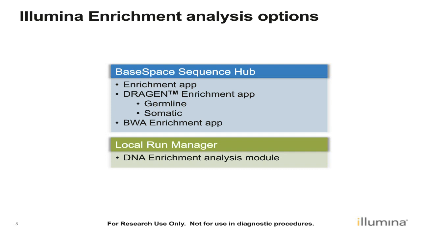And we'll go through in detail what these can do later. And then we also have the option to run analysis locally, either on an instrument if it's supported, or off instrument using Local Run Manager and the DNA Enrichment analysis module.